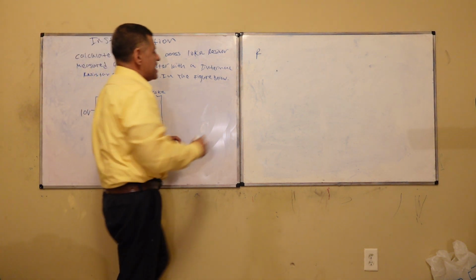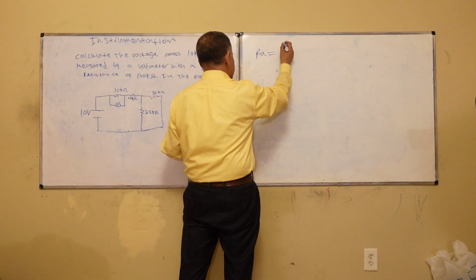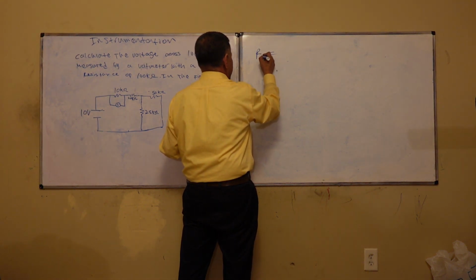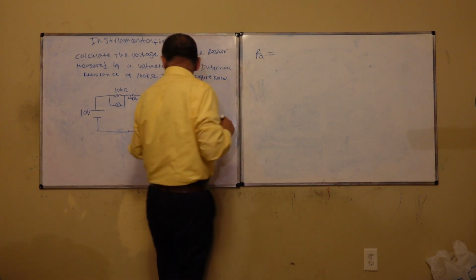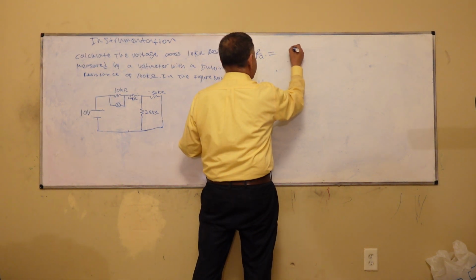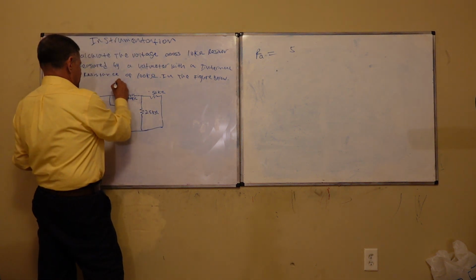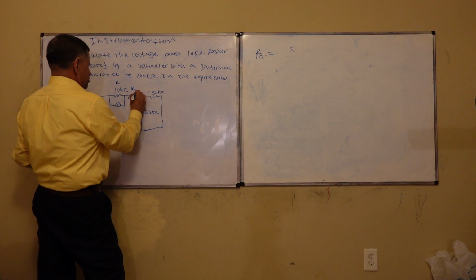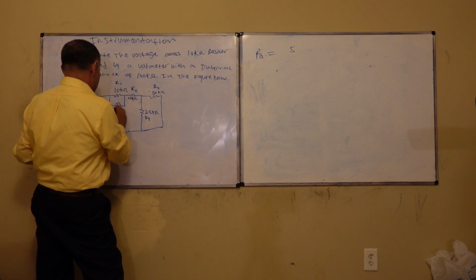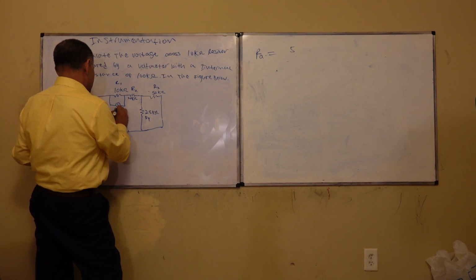Whatever we found, RA is equal to... All you need to do is identify this, right? Let's call these R1, R2, R3, R4, R5.